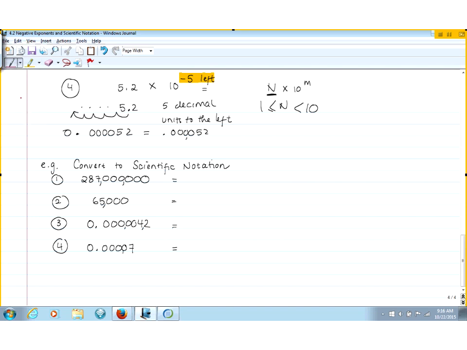So where should I put my decimal point? Between what two numbers? So this is 2.87, times 10 to the what power? Is it positive or negative? Positive. So 1, 2, 3, 4, 5, 6, 7, 8. 2.87 times 10 to the 8. Good.